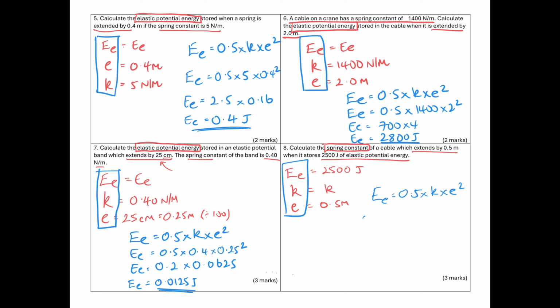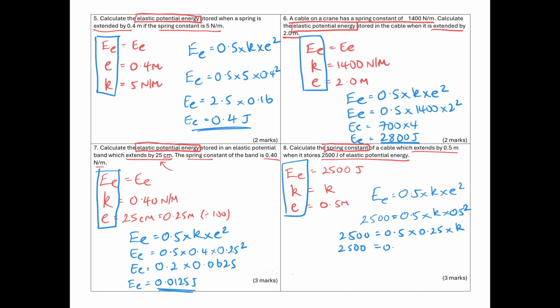We can now substitute in the numbers. This time, energy is 2500. That equals 0.5, k is the unknown, multiplied by 0.5 squared. Now, I always prefer to simplify before I start to rearrange to find the subject, k. So 2500 stays, 0.5 stays, and then 0.5 squared is 0.25 times k.